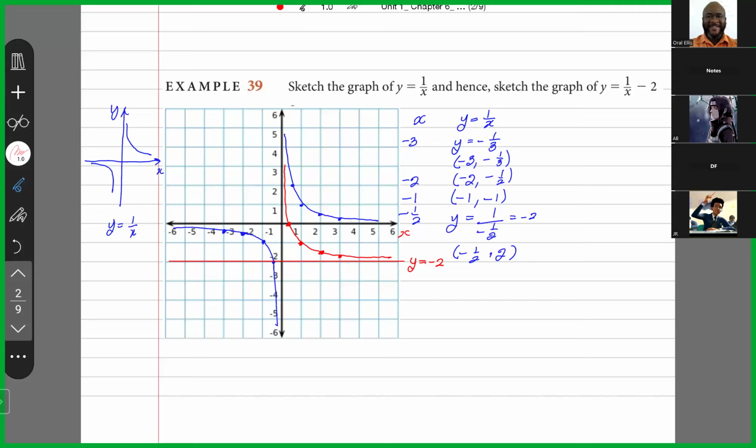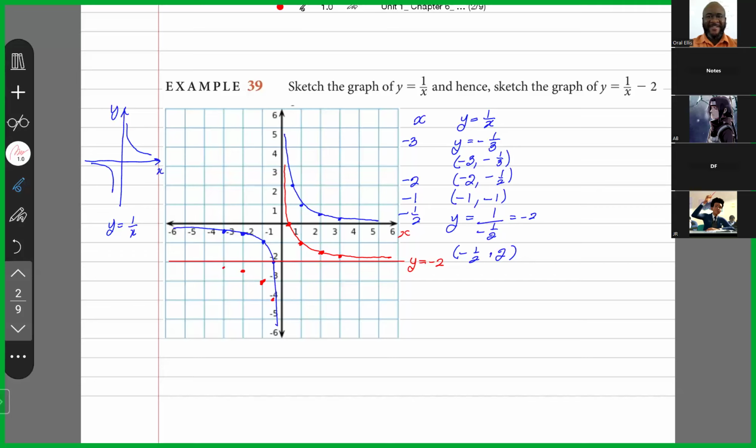All right, let's draw the other half of the graph. This point is going to move here. The point minus 1, minus 1 is going to move to minus 1, minus 3. The point minus a half, minus 2 is going to move to minus a half, minus 4. All right, and this point is going to move to here.